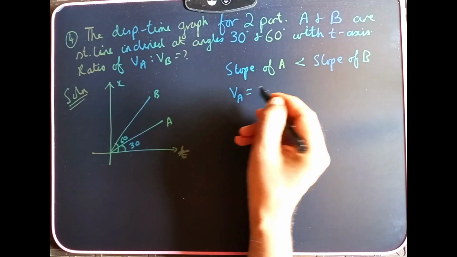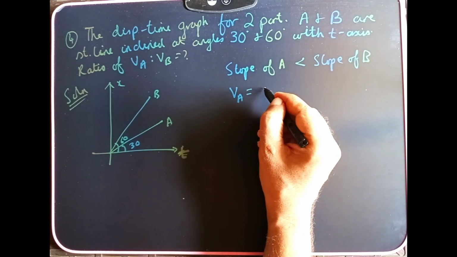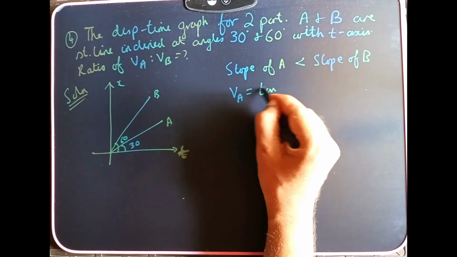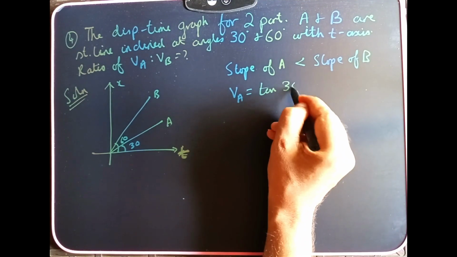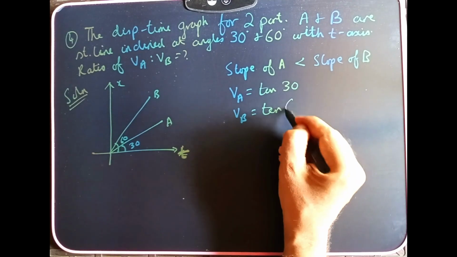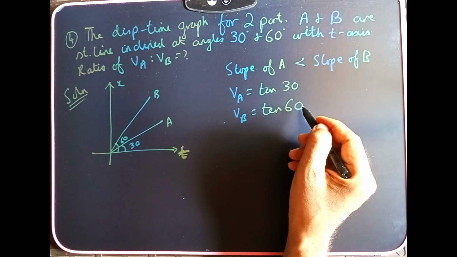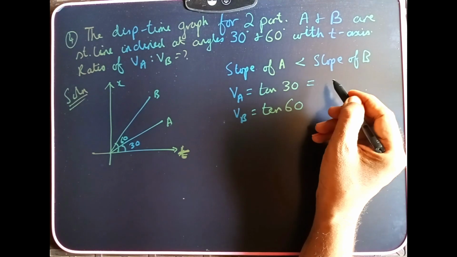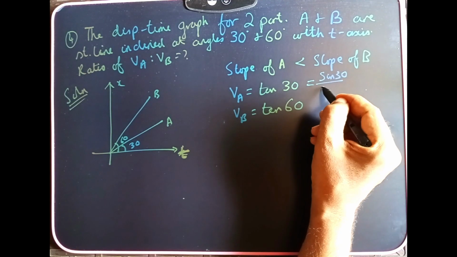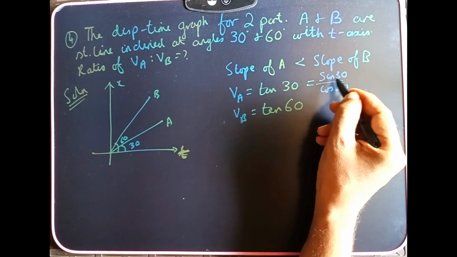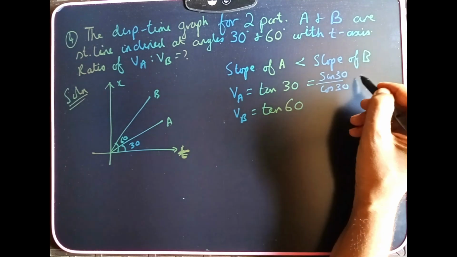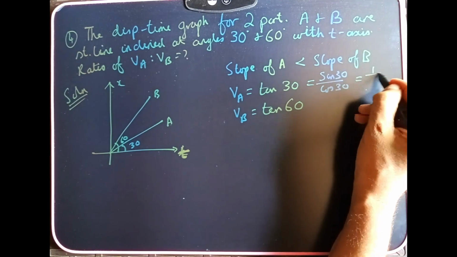Velocity of A is equal to the slope of this line, right? And the slope of that line can be given as tan 30, and VB is tan 60. So what is tan 30? I forgot this, so I'll use sine by cos. Sine of 30 is 1 on top, and cos of 30 is root 3, so I'll get 1 by root 3.